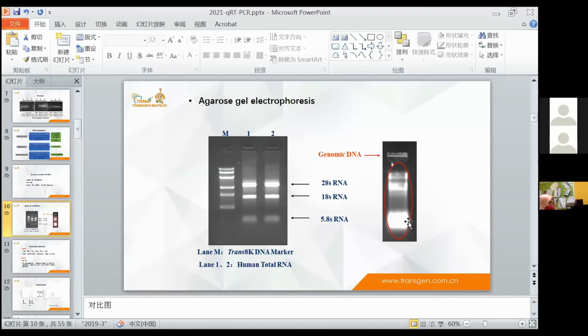In this case, you have to extract your human cells with liquid nitrogen or a very good reagent for the extraction.